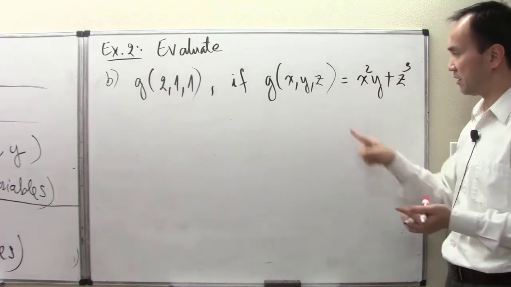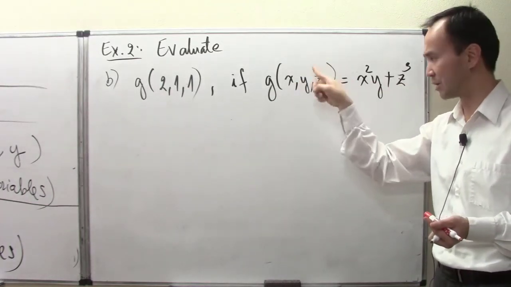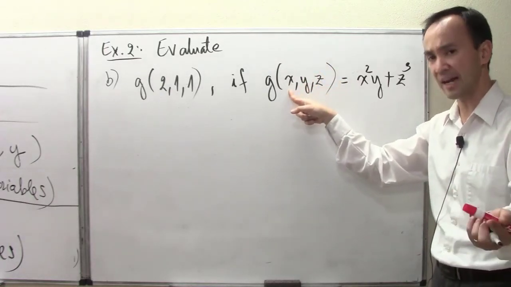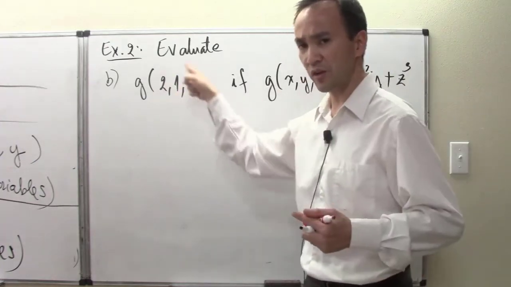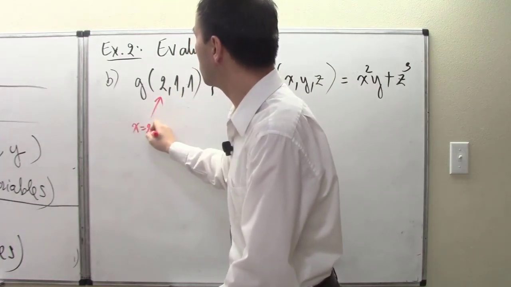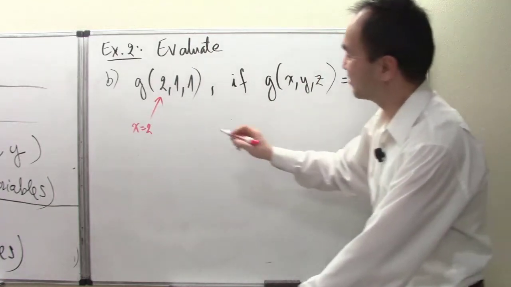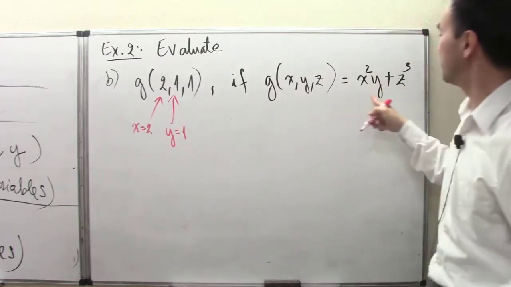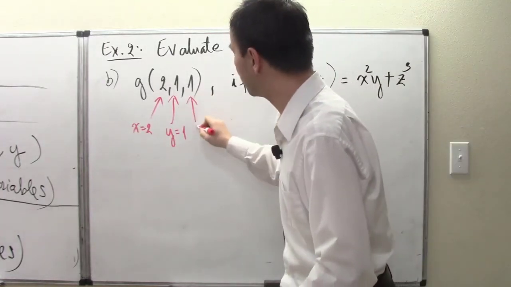According to the way this triplet is ordered, the first number is the x, the next one is the y, the last one is the z. That means in this notation, x equals 2, so we substitute 2 for x in the function, then y equals 1 for y, and then 1 for z.